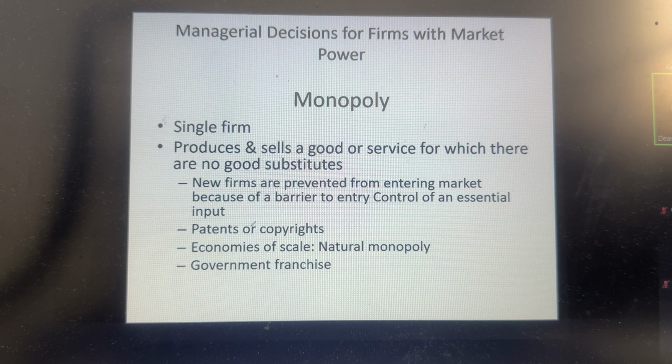Therefore, small firms will leave the market, only allowing the large firm to stay. So the large firm becomes a monopoly. It is not because of any other reason, but because of inability to compete with the large firm.